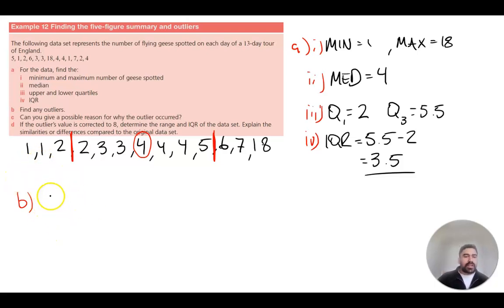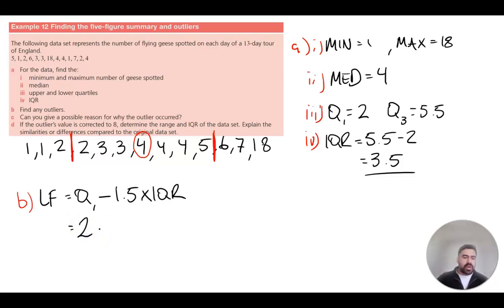So we're going to look at our lower fence. LF is our lower fence, and if you can recall, this is getting Q1 and subtracting 1.5 lots of the IQR. Now, we've already worked out the IQR is 3.5, and our Q1 is 2.